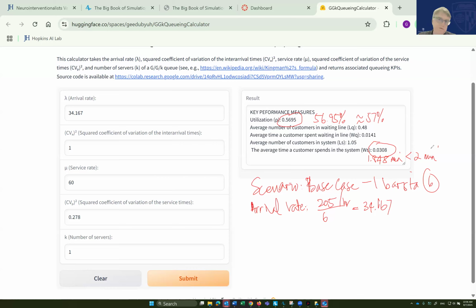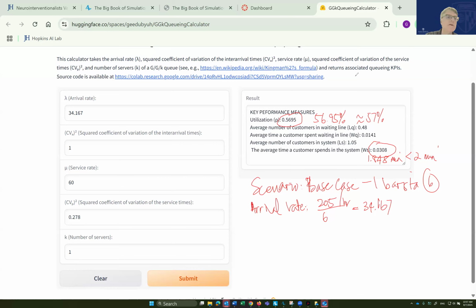We can get a histogram, which we'll eyeball pretty informally, but I can't get that distribution out of queuing. We'll look at that in another clip. So we've got the base case minus one barista analyzed. That's interesting because it is a savings and maybe not all that impactful from the perspective of the customer.